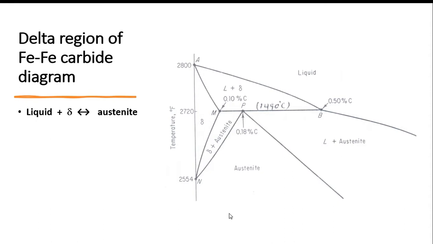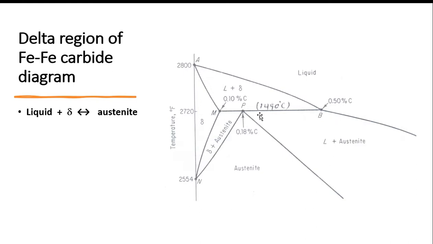Delta formation means you can see the difference of carbon inside the iron, right here. The maximum amount of carbon is 0.1 weight percentage inside iron. So up to that level you can go with delta.